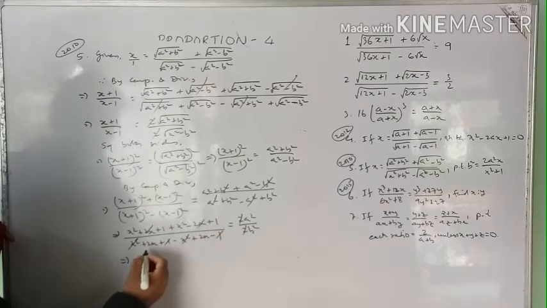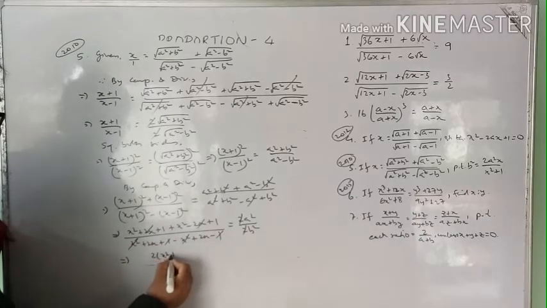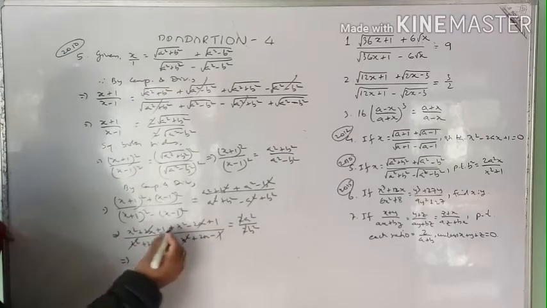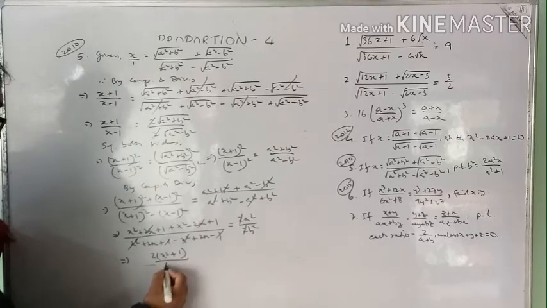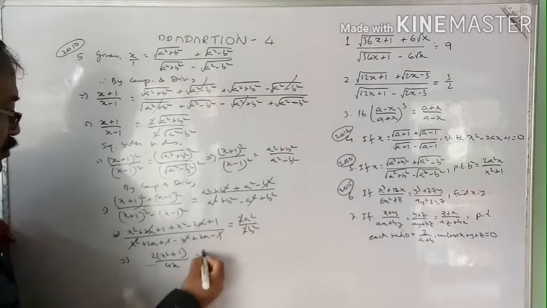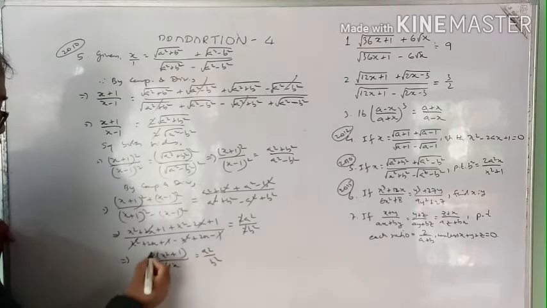So here you get twice x square plus 1, because 2x square, 1 plus 1 is 2, so 2 taken common. Here 2x will be 4x, equal to a square by b square. 2 will cancel here.